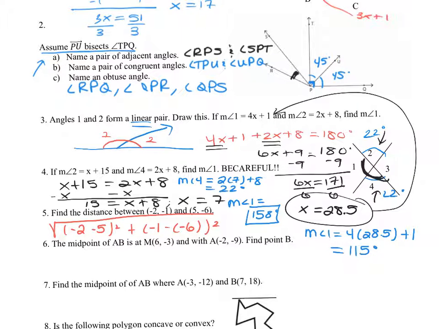So when you do that, you should end up with 49 plus 25 square root. And so that's the square root of 74 units. Remember, you always have to have some sort of labeling.